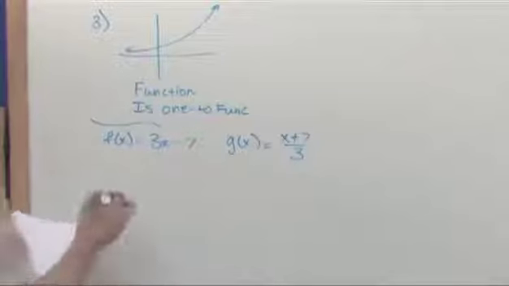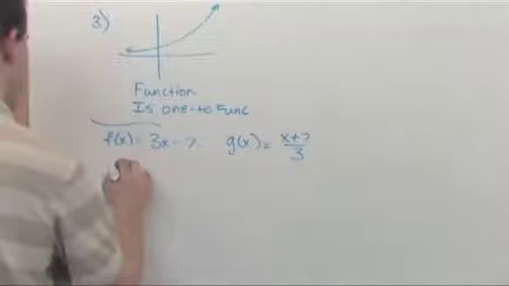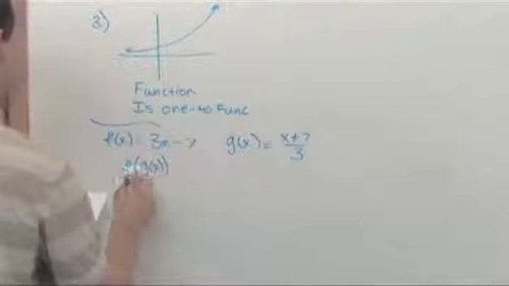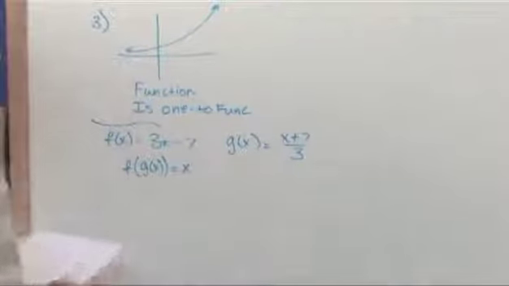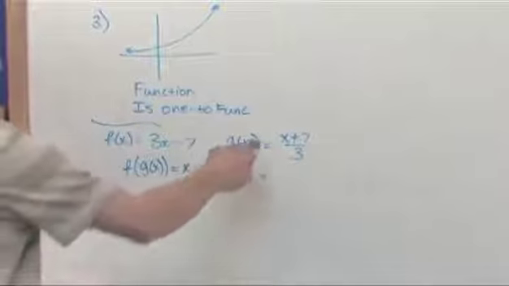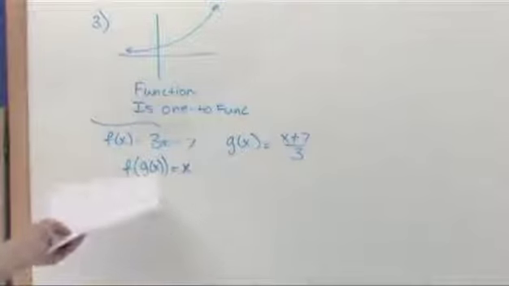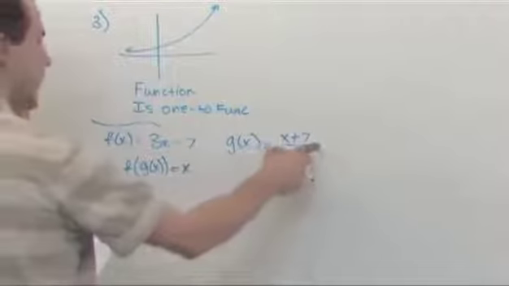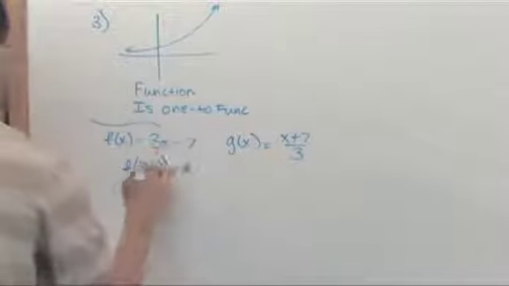And if you remember back to the cancellation properties, a function is an inverse of another function if f of g of x is equal to x. That is basically the test. So you take one function, you plug it into the other, and if you get x back, then those are inverses of each other.